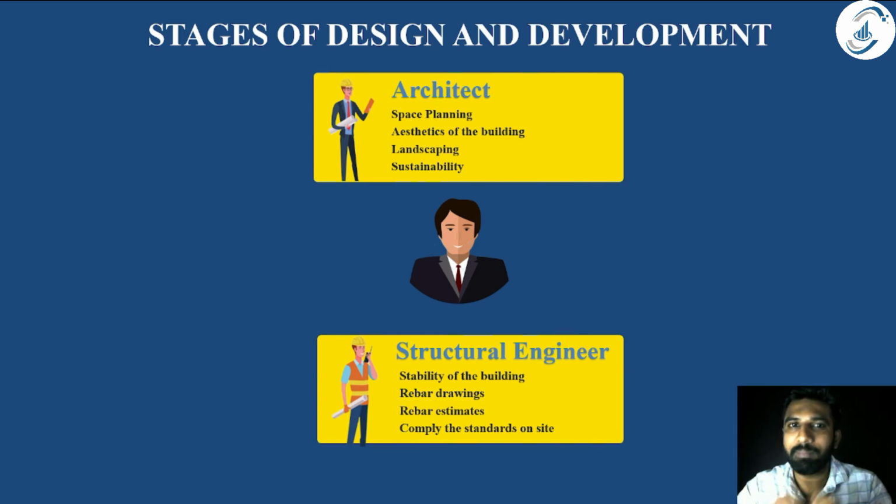Based on the drawings received from the architect, he is going to design the foundations, columns, plinth beams, slab beams, slabs, staircases, shear walls, and various other structural components. So once the architect has designed and drafted his drawings, he's going to pass it on to the structural engineer. The structural engineer is going to produce the structural drawings.